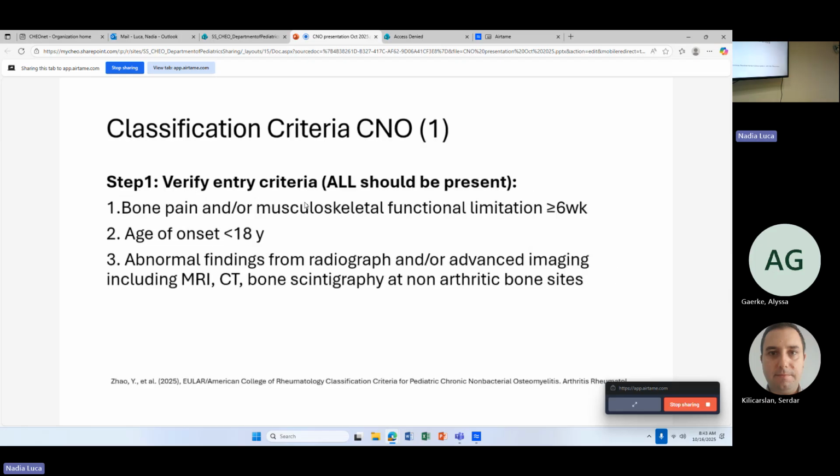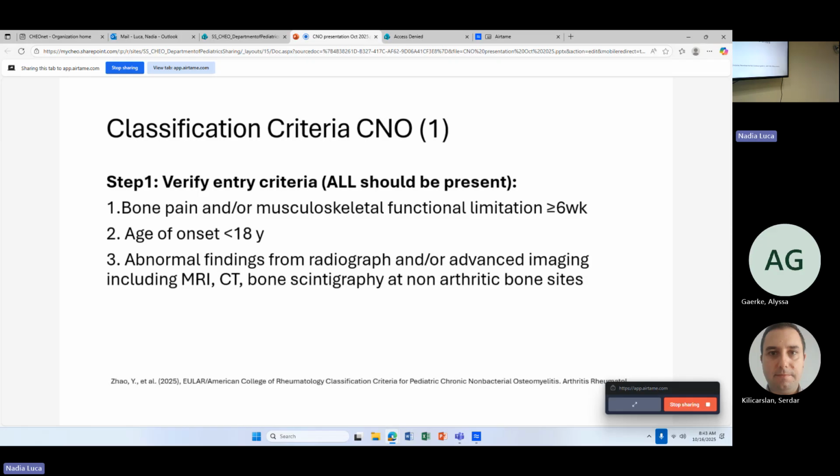Okay. So as I mentioned, we do now have hot off the press classification criteria that were published with input through EULAR and the ACR, which are the two big bodies in rheumatology. So they have 3 steps to their diagnostic process. And I should say every time we talk about classification criteria, they're not necessarily meant for diagnosis.